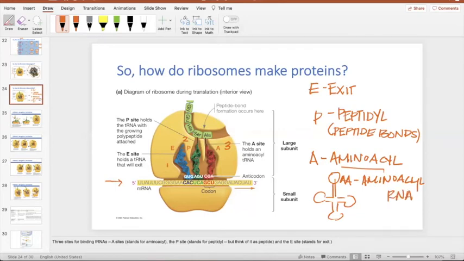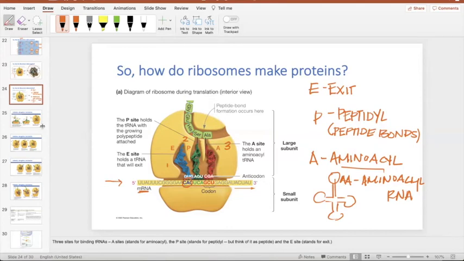So these 3 sites basically are going to be where our tRNA reads the codons on our mRNA molecule, and the anticodon lines up. Therefore, our different amino acids are going to line up.